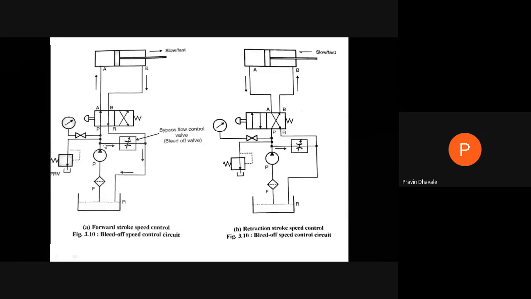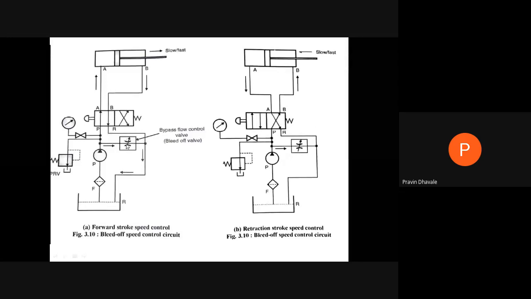Okay. In a bleed off circuit, or bleed off speed control circuit, we are mounting this variable flow control valve, also called a bleed off valve, in a bypass line coming out from the pump.